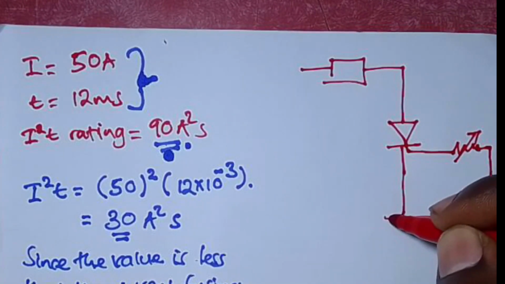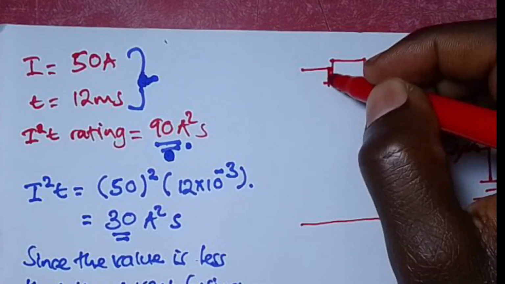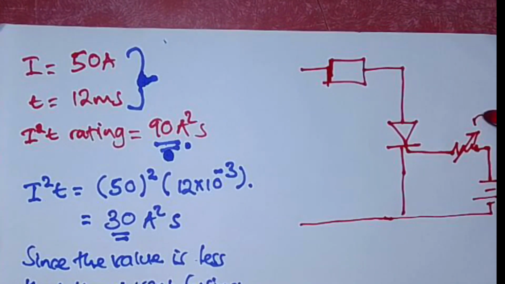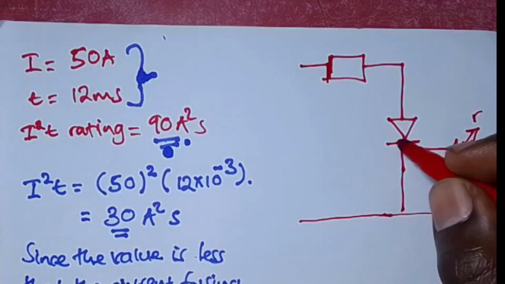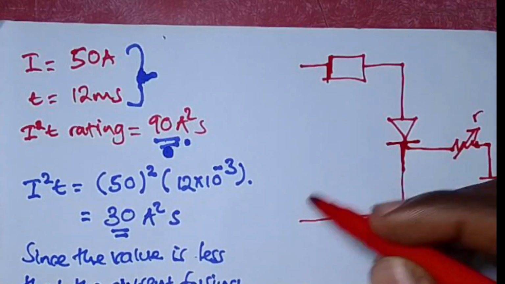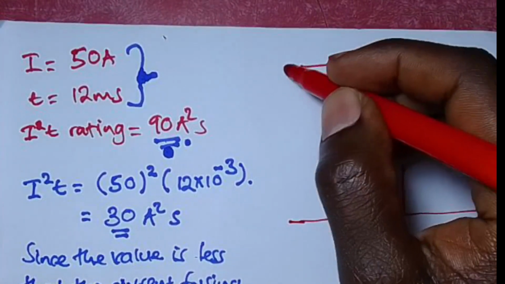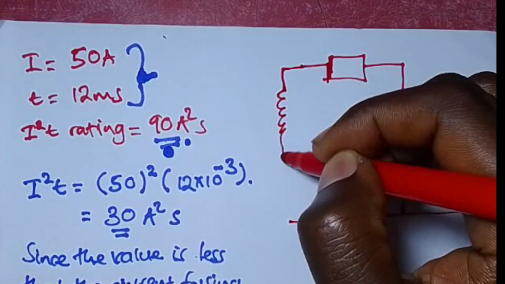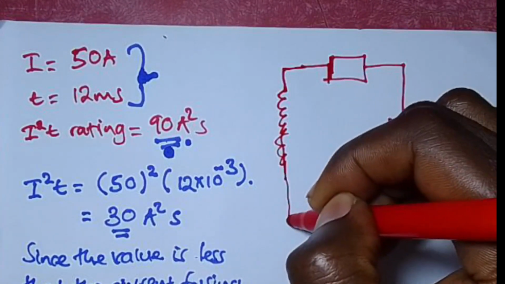And when it is turned on, by increasing this resistance here, it is like I'm opening the gate. By decreasing this resistance, it is like I'm closing the gate. So that is exactly what I was trying to explain.